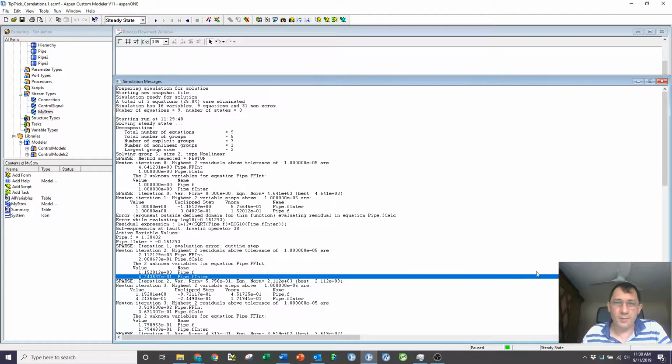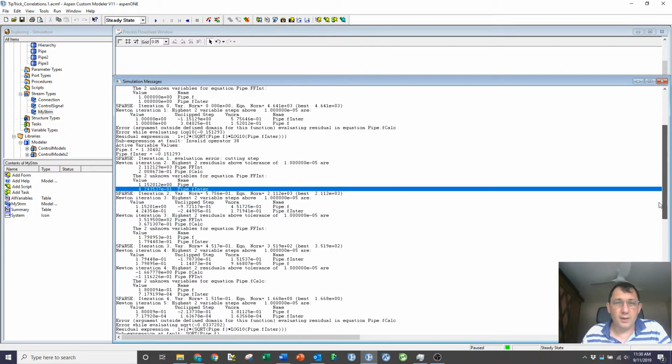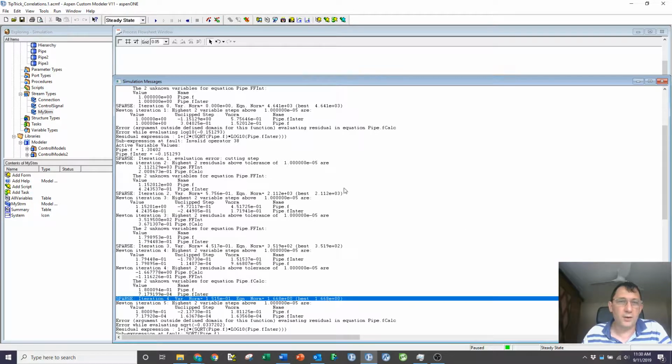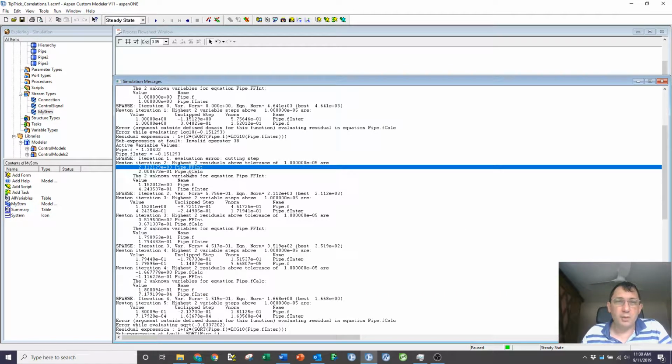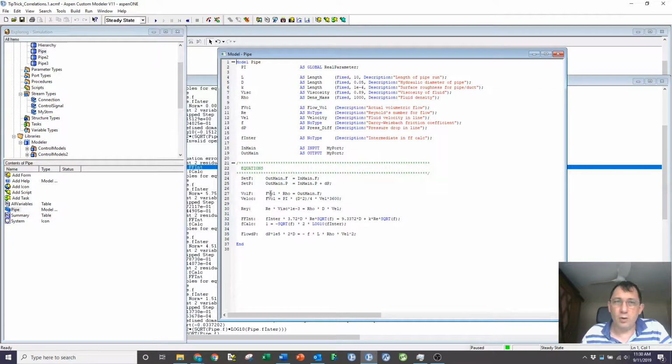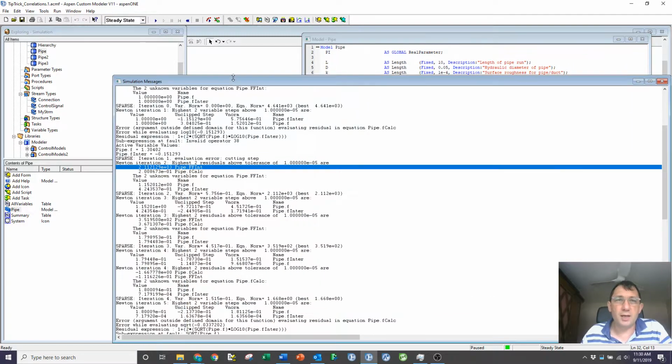Nonetheless, it gets through with that negative error. It then comes through and it's pushing the error down at each iteration, 10 to the minus 3, 10 to the minus 2, 10 to the 0. The equation having the most trouble is this ff_int. If I have a quick look at my code, one of the things I like to do is actually label my equations. So now I can see, rather than the error message saying pipe.equation 300, it's saying it's ff_int that has the large residual.